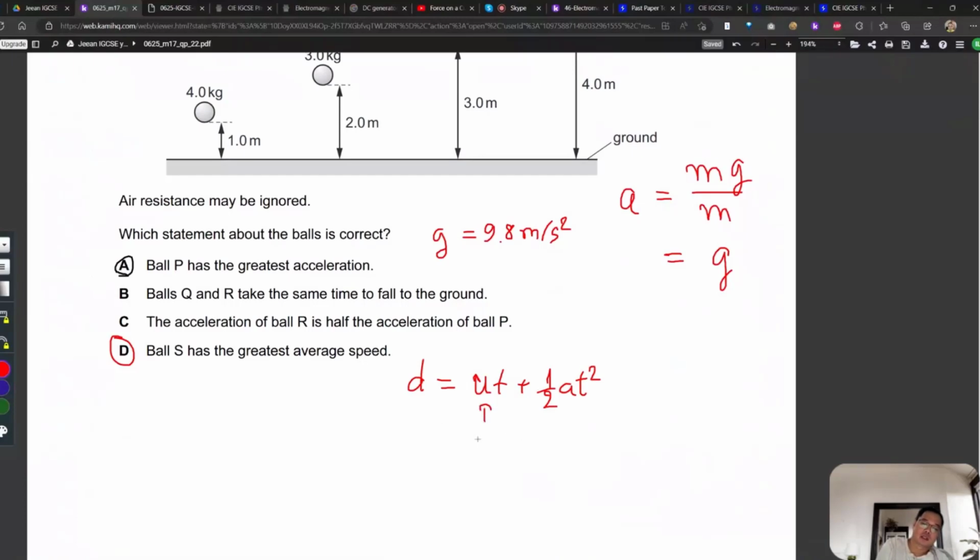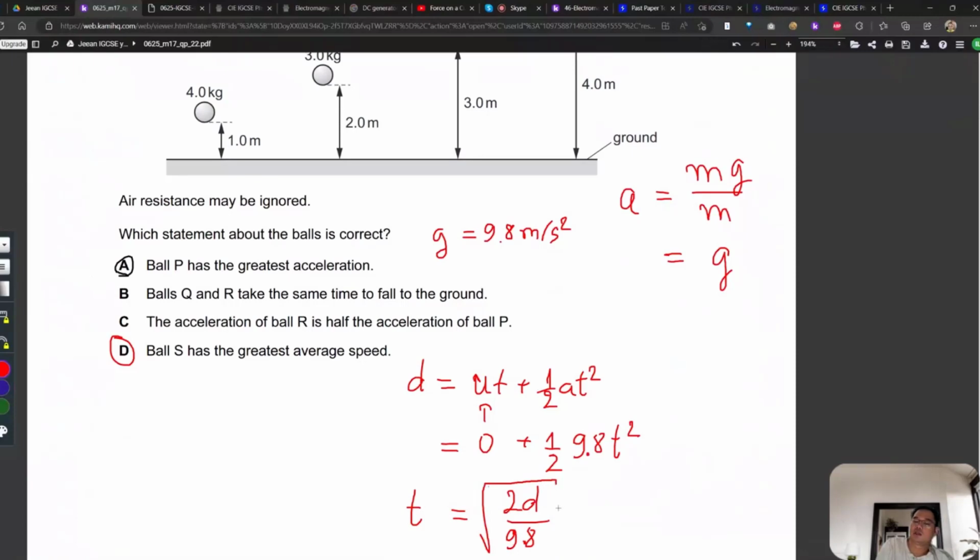Yeah. u is 0, dropped from rest, meaning the initial velocity is 0. Okay, and then add it with 1/2 at squared. a is g, 9.8, and the time t squared. And therefore, the time is determined by 2 times the distance divided by 9.8. This is the time squared.